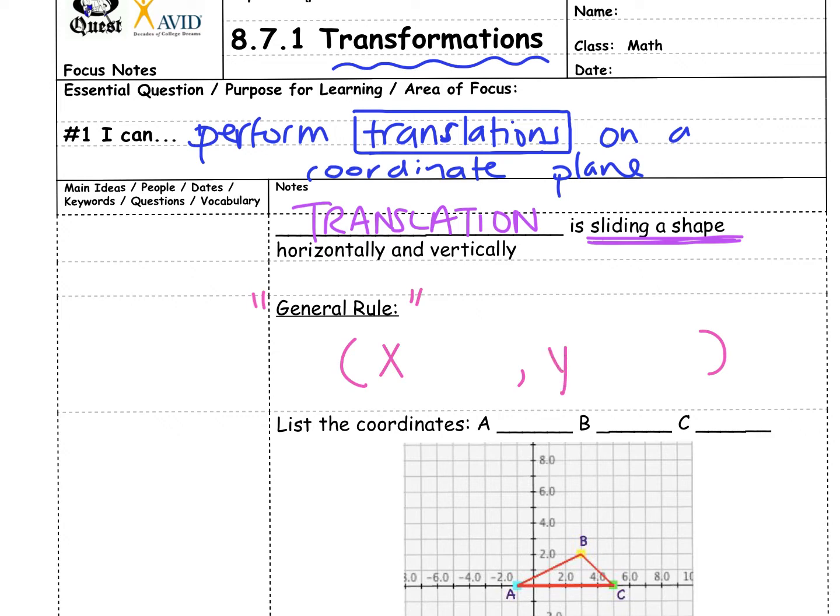When we shift this, we say X changes plus A values, and Y is going to change plus B values. All this means is that when I move my X value, it's going to move this many units, and it could be positive or negative, so left or right. And when I shift my Y value, it's going to move this many units up or down. Just like with graphing, if it's positive, it goes up. If it's negative, it goes down.